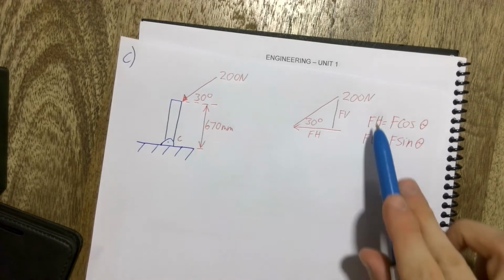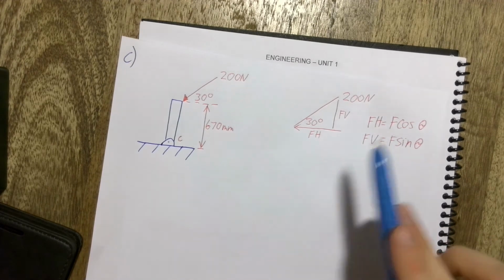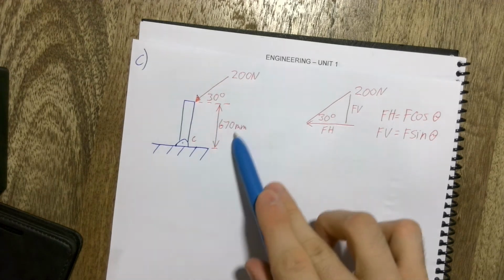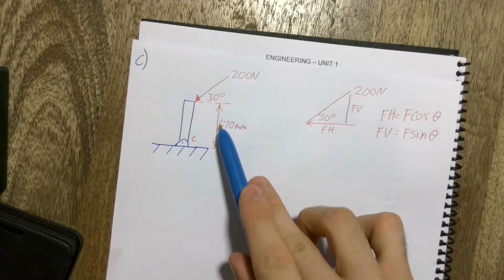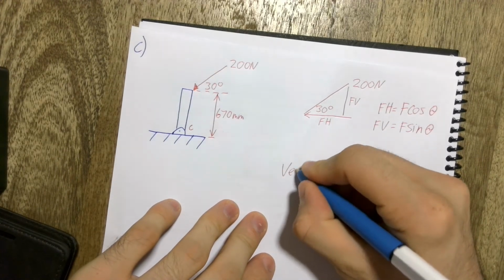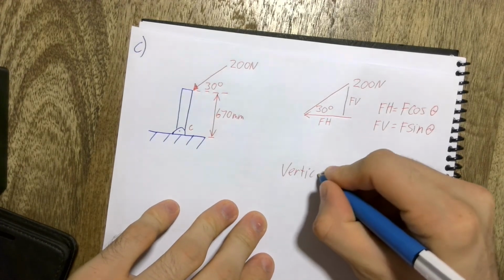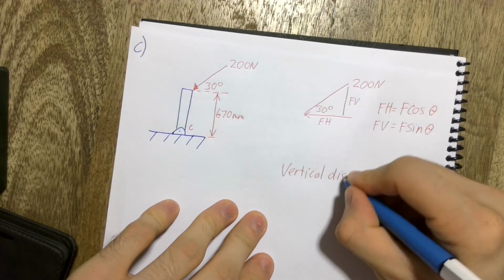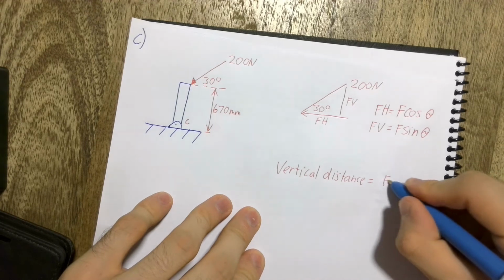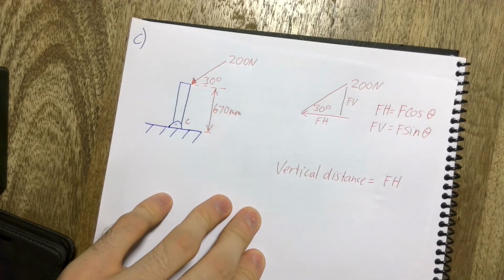Now, to know which one we need to use, this is the way I think of it. If I've got a vertical distance, I know straight away that a vertical distance is looking for a force horizontal, okay?